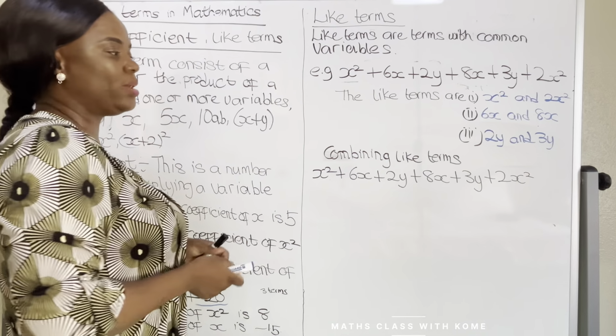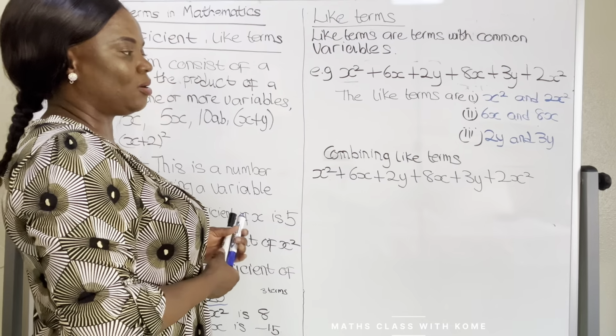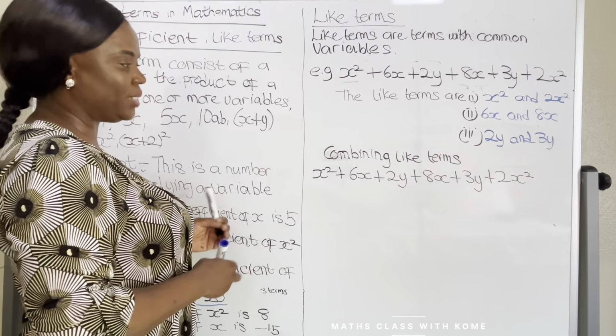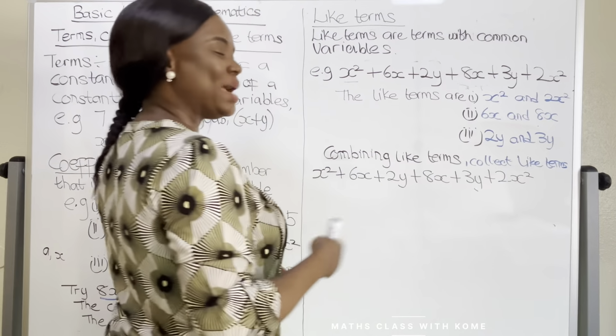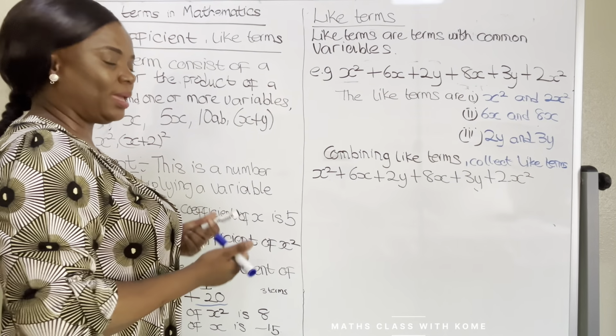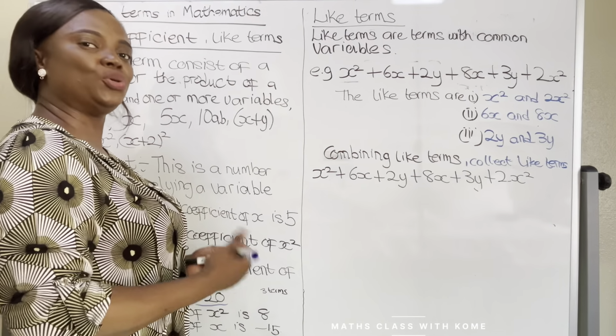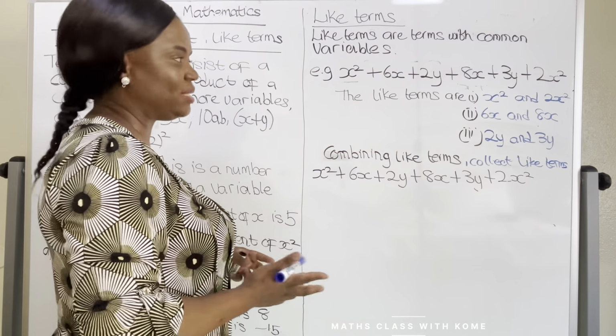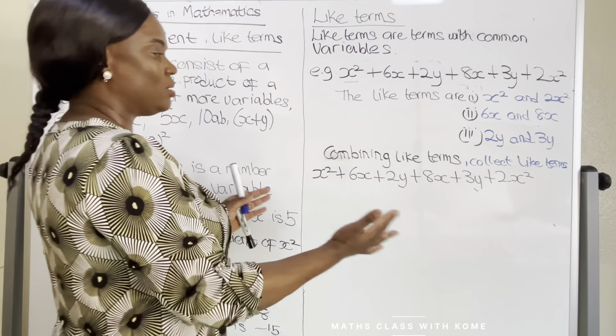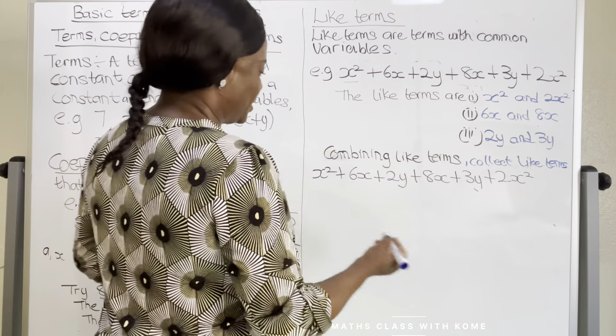Now, you hear the word combine, collecting like terms or combining like terms. In the process of solving, there are cases where you need to collect like terms. It means bringing all the like terms together at a particular place.